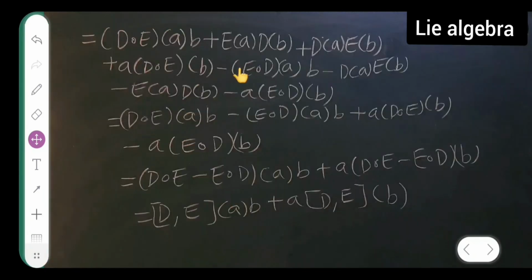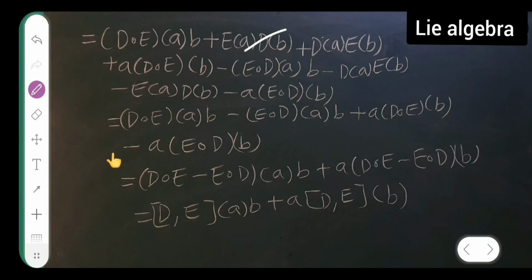Then what I am going to get is this. Now here, just cancel the terms, whichever terms are getting cancelled. Now E(A) D(B), this term is getting cancelled along with what?